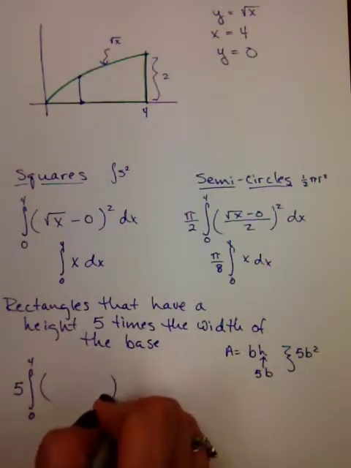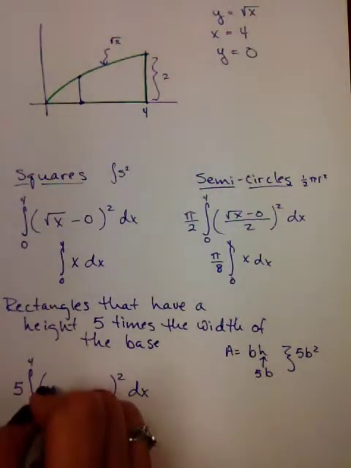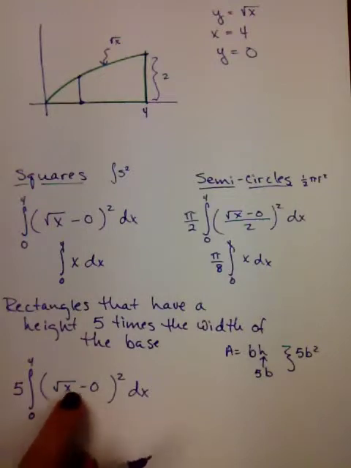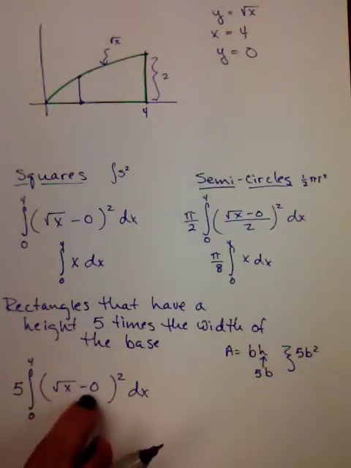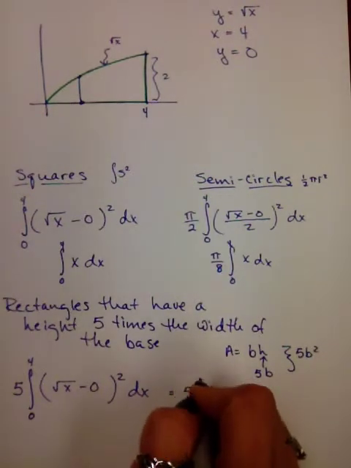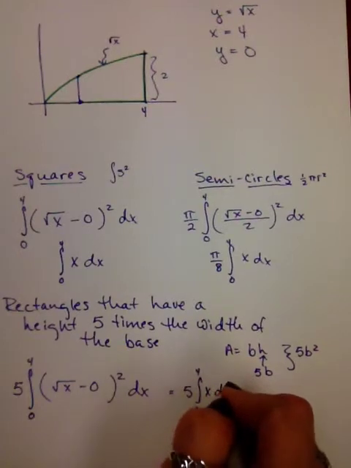I'll have the base squared with respect to x, and the square root of x minus 0 is the base of the actual rectangle. So this one would be square root of x minus 0 is the square root of x. Squared is just an x, so you would integrate 5 times the integral from 0 to 4 of x with respect to x.